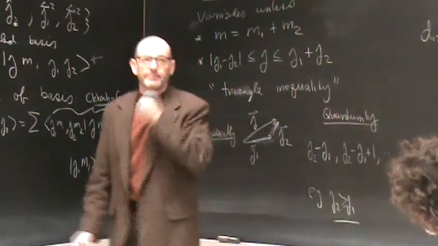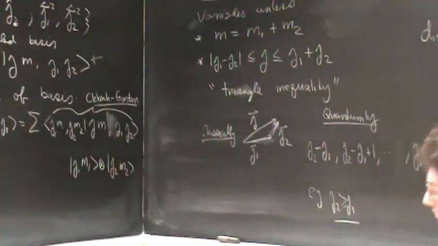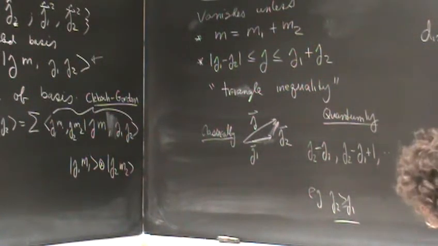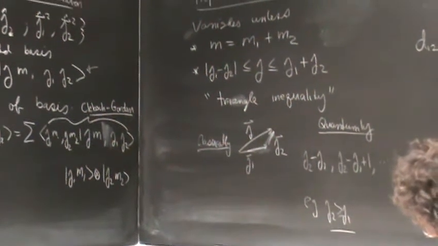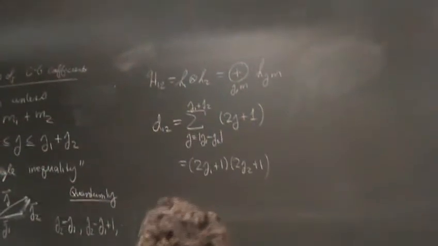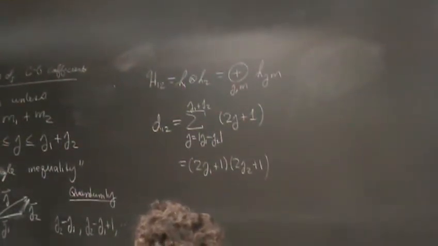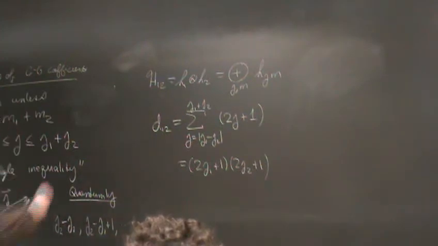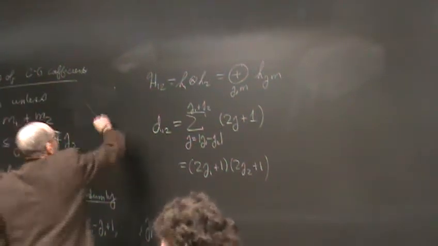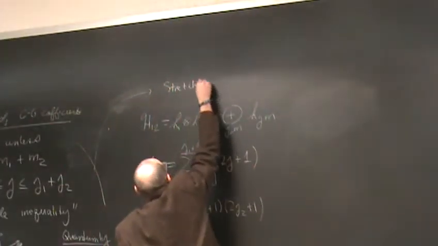It's quantized, okay? The total angular momentum quantum number is quantized. It's not a continuum of possible values. All right. One thing I guess I could say relative to these two things is that there's one state, the so-called stretch state.